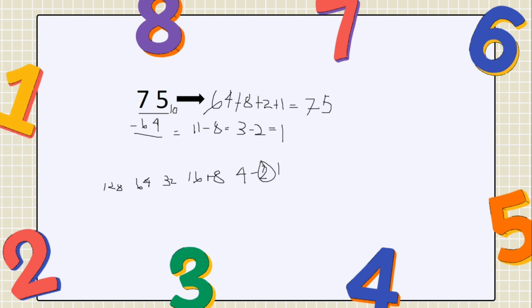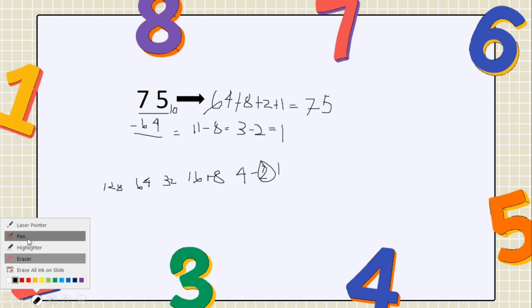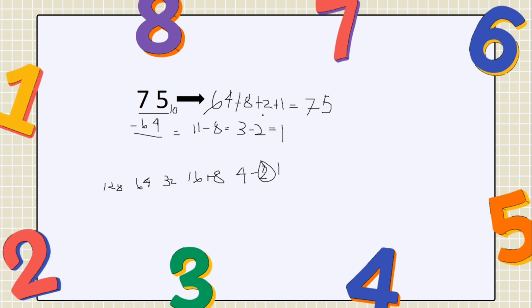So, ang giingon sa subtraction method, kung saang naa dire gibutang, kung saang naa di sa taas, mao'y mag-represent as 1 na ibutang nimo dire sa baba. So, 64 is present na siya. 32 naa ba? Wala. So, 0. 16 naa? Wala. 0. 8 naa siya?